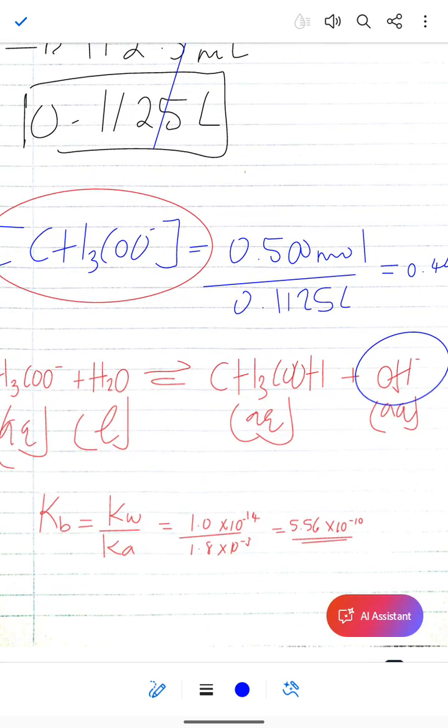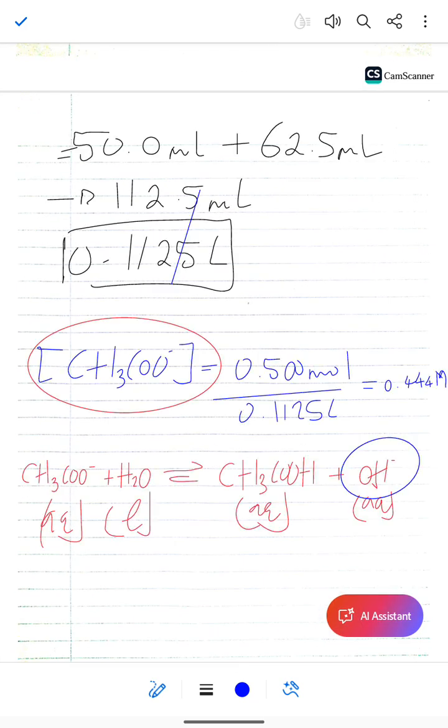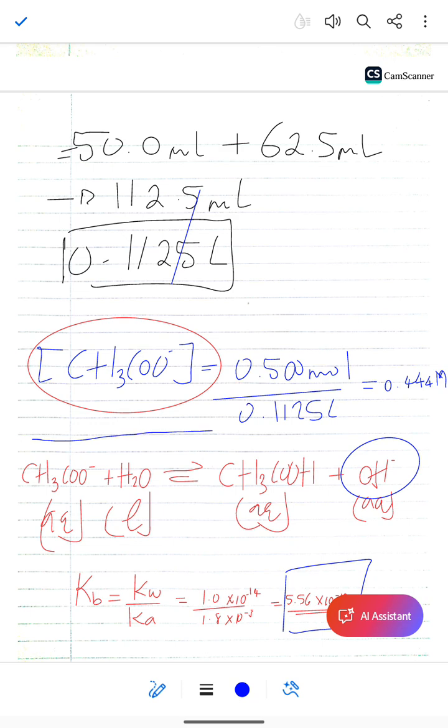So if I have my Kb, that means I can write an ICE table for this equation here. And I also have the concentration of this, and that's all I need.